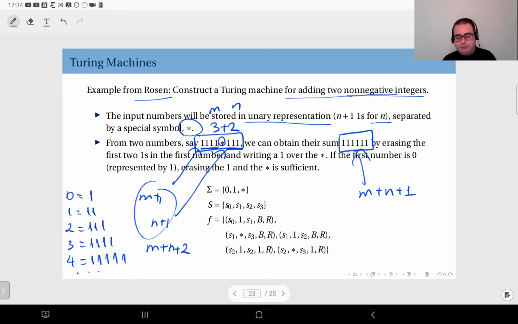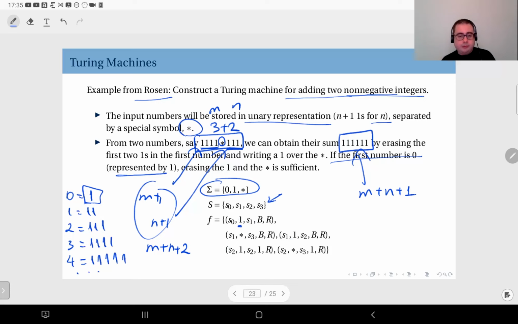And of course, if the first number is 0, represented by just a 1, erasing the 1 and the asterisk is sufficient. So my alphabet consists of the 1 and the separator symbol, and it turns out that 4 states are sufficient for this operation. S0 is the initial state.